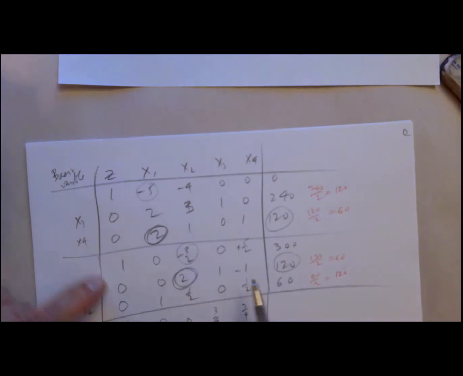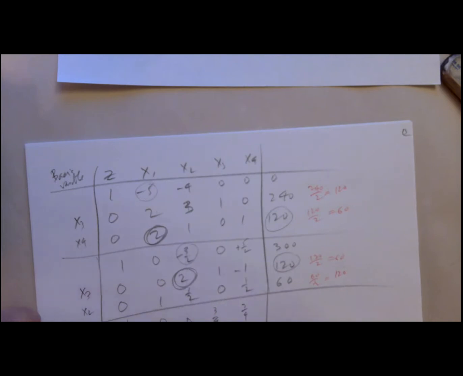Let me just go back to this tableau. So I multiply this row by a half. I get 0, 0, 1, a half, minus a half, 60. Then I want to get a 0 here, so I can take this row minus a half this row. So it's minus a half plus 0. So 0 plus 0 is 0. 0 plus 1 is 1. Minus a half plus a half is 0.